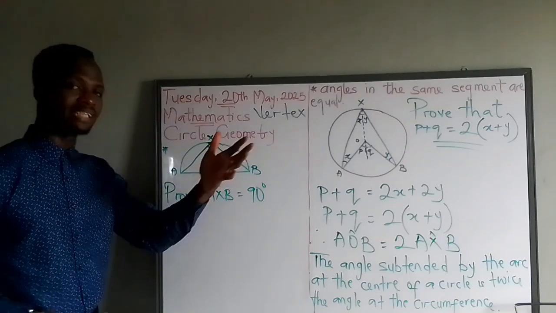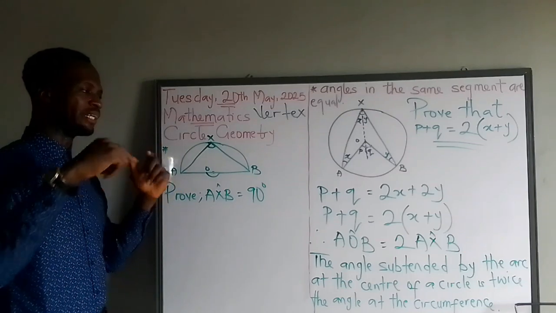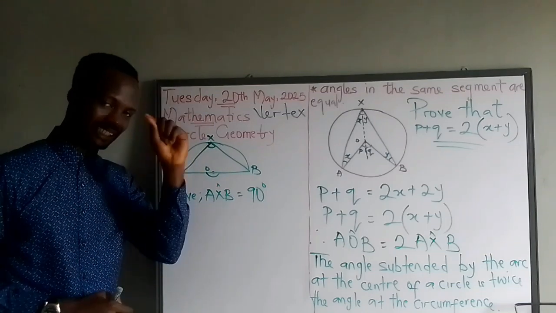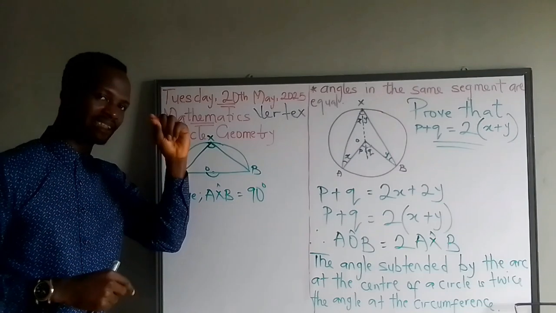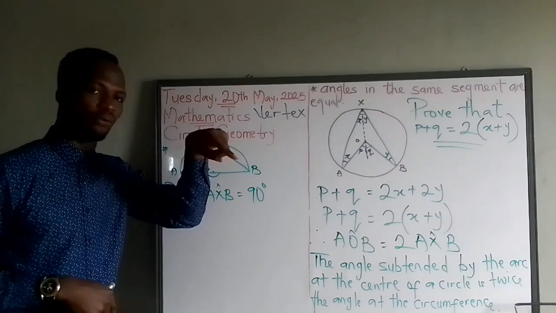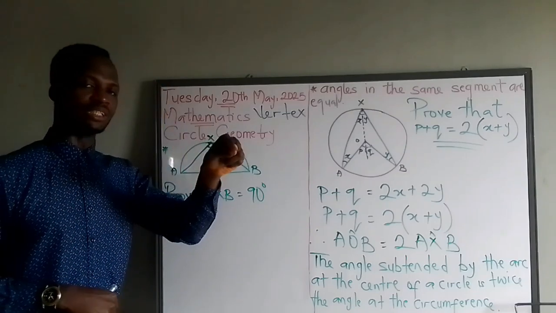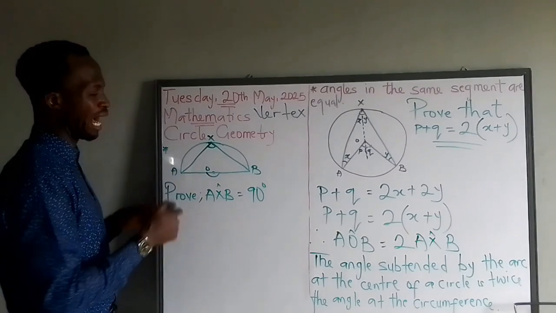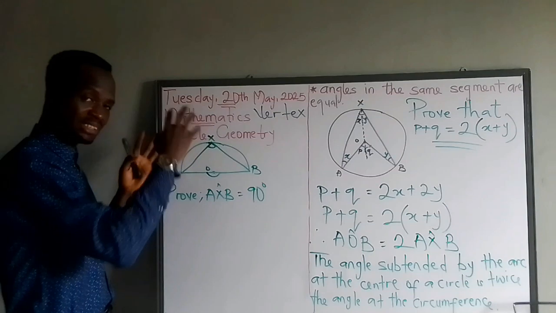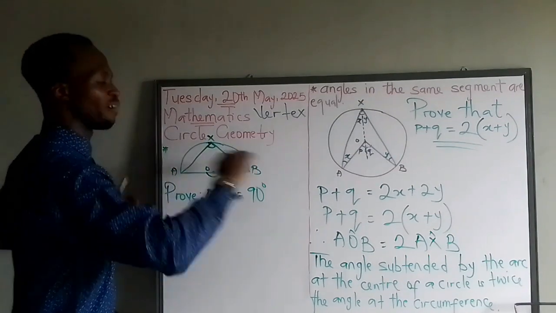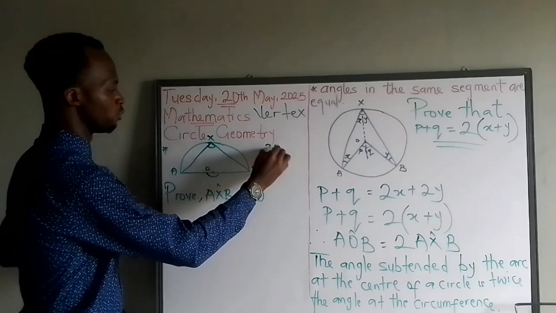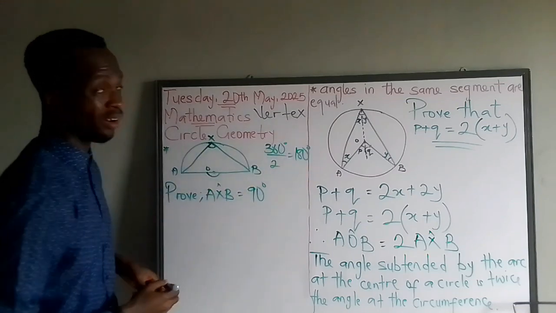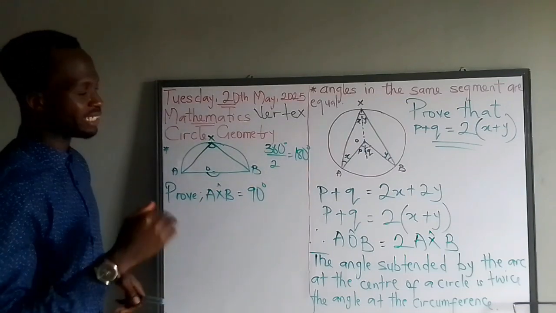Now, I have said earlier that in a circle, all angles converge at the center. They all converge at the center, and the sum of angles at that point is 360 degrees. So think about it. If the sum of angles at the center of a circle is 360, and we have half of a circle, then half of a circle will be 180 degrees.